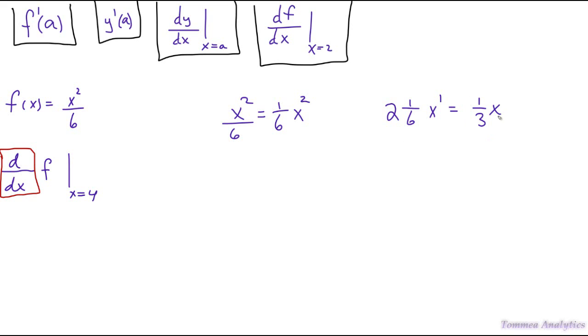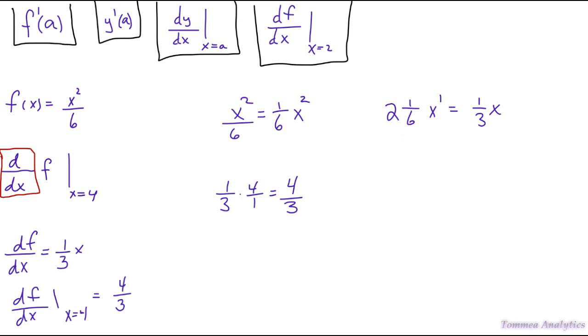If we plug in a value into this new function, we get the slope of the line, or the derivative more specifically, at the value down here. So if we plug in 4 into 1 over 3x, we get 1 over 3 times 4, which is just 4/3.